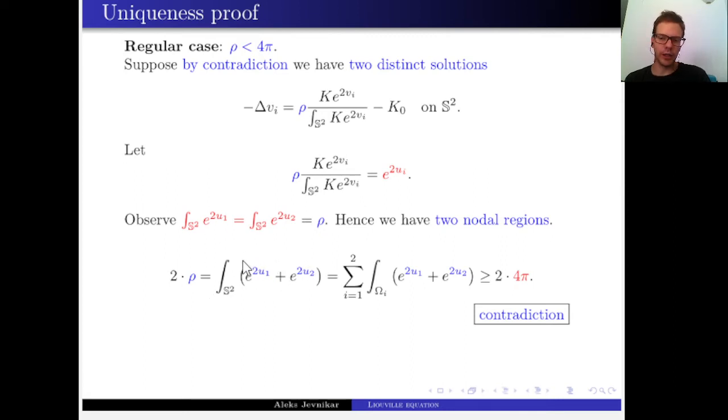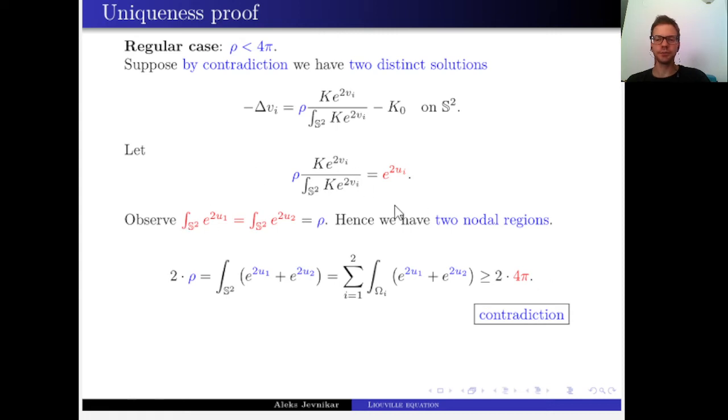The total integral on the sphere of the sum of the two solutions is just 2 rho, and this is the sum of the integrals on the two nodal regions. On each region you apply the sphere covering inequality, which gives a bound from below of 4 pi. So at the end, this is bounded from below by 2 times 4 pi.